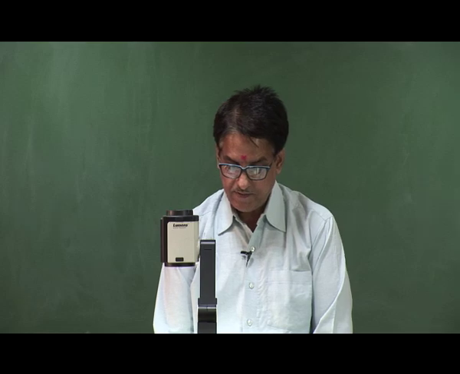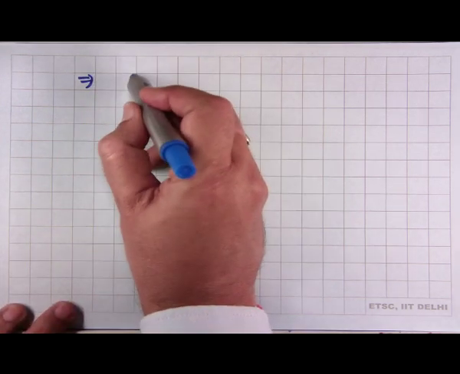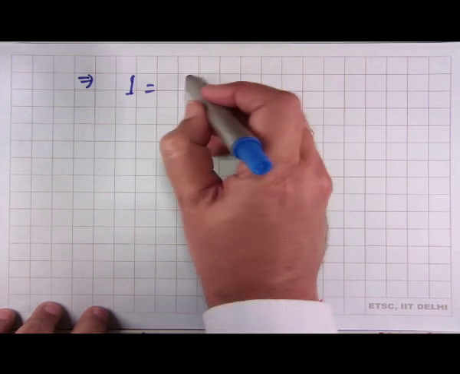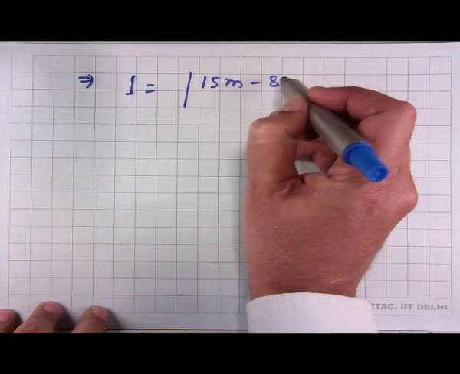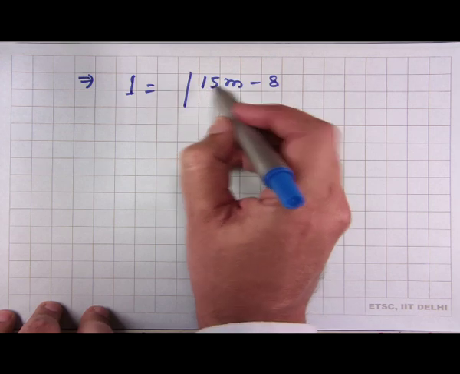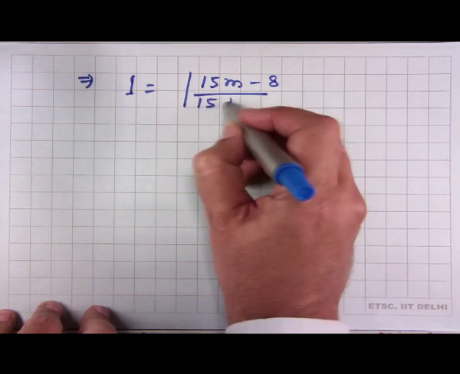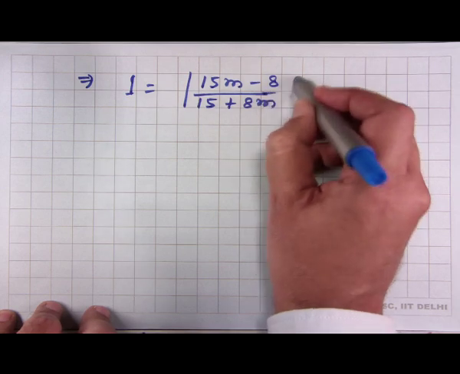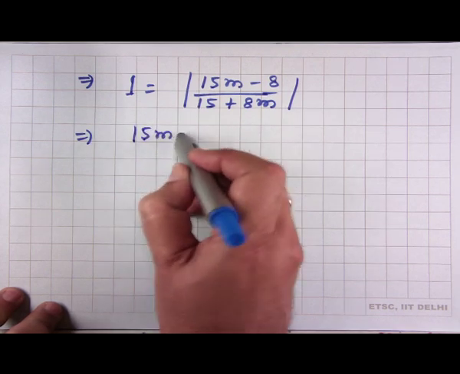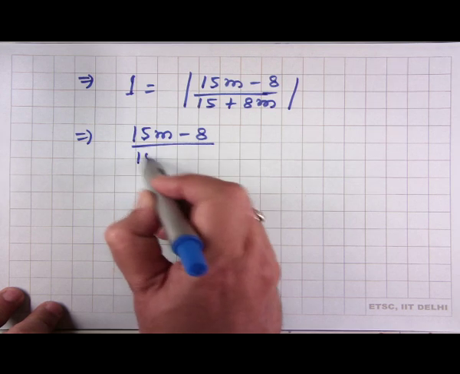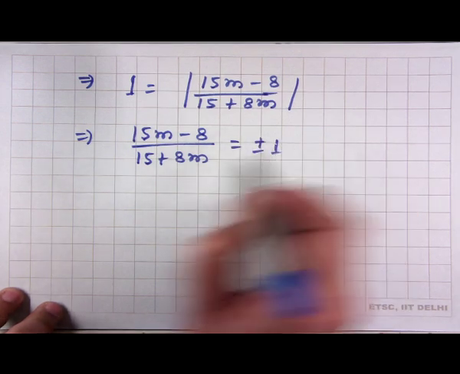So this implies 1 is equal to (15m minus 8) by (15 plus 8m). So (15m minus 8) by (15 plus 8m) is equal to plus minus 1.